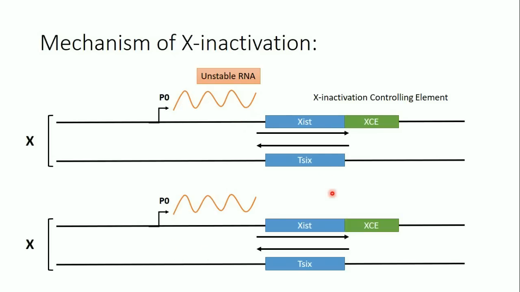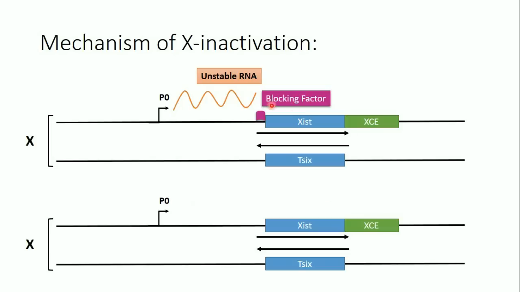Now, afterward, there is a blocking factor produced in the cell. And this you should know very well. The blocking factor is produced in a very specific amount, which is sufficient to block only one chromosome. I will repeat it because this is very important.